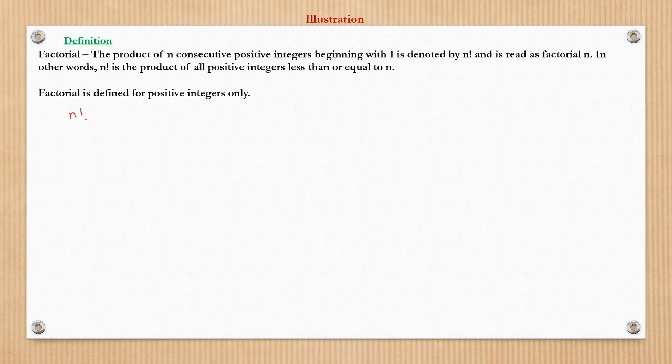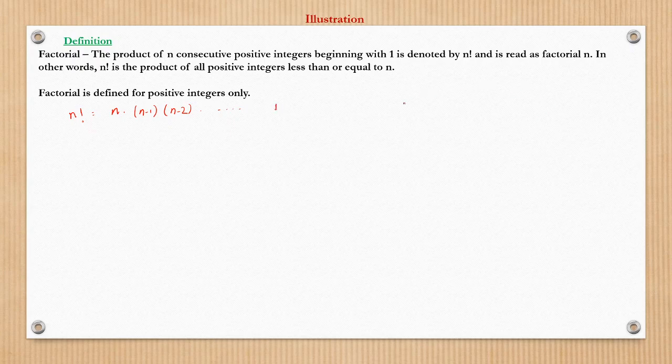If I have to write n factorial, it is written as n into n minus 1 into n minus 2, so on till 1.